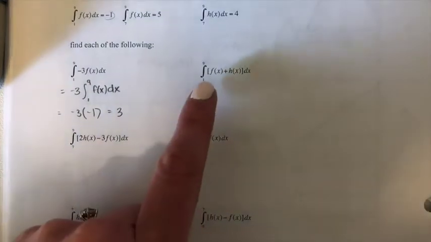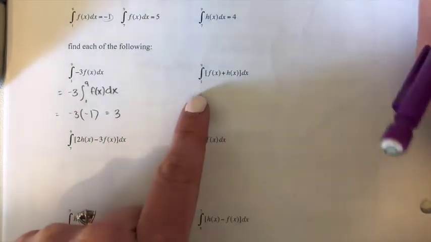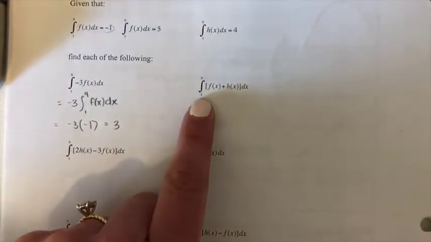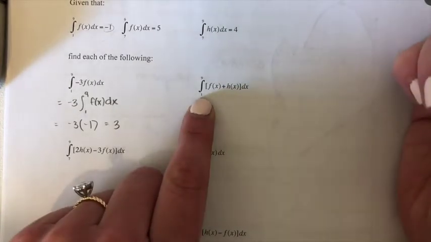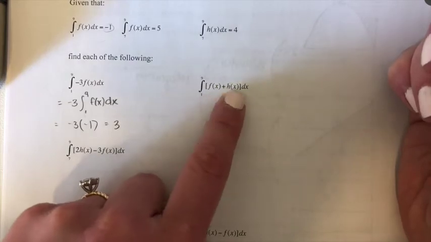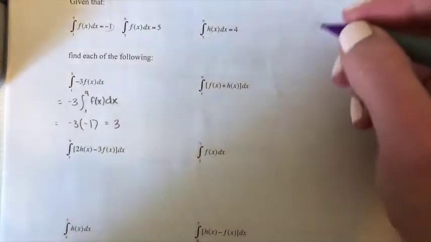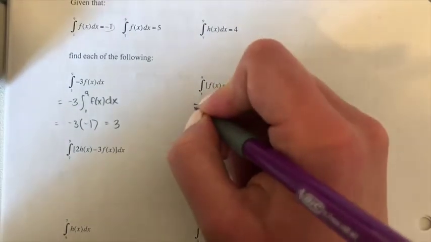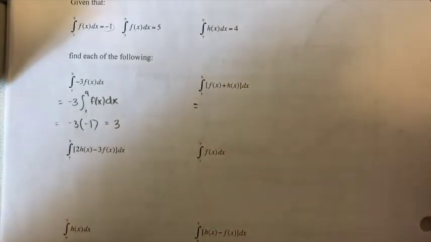If we want the integral from 1 to 9 of f of x plus h of x, I'm kind of going over the rules with examples here.